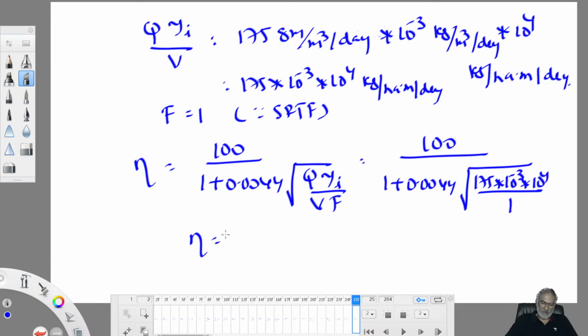So 175 into 10 power minus 3 into 10 power 4, under root, into 0.0044, plus 1, inverse 1 by x, into 100.